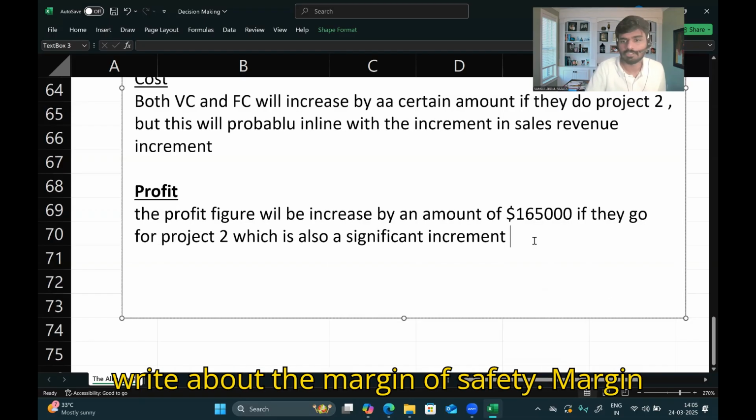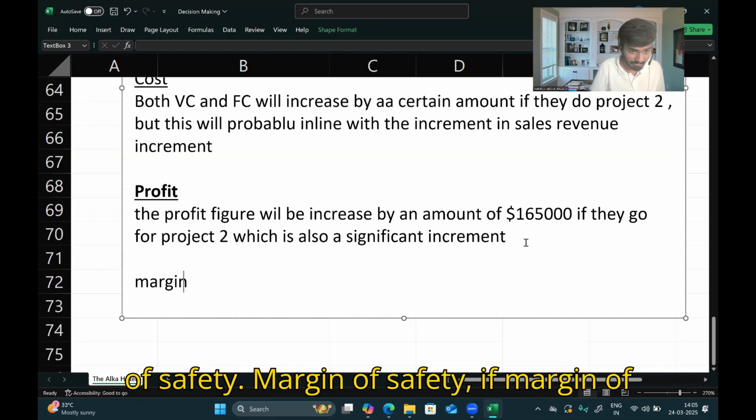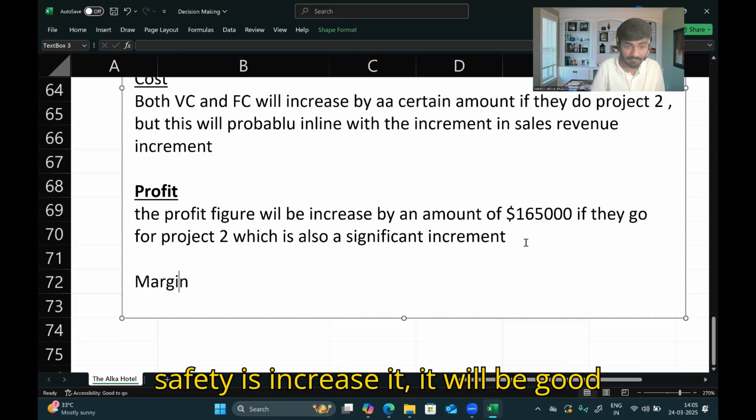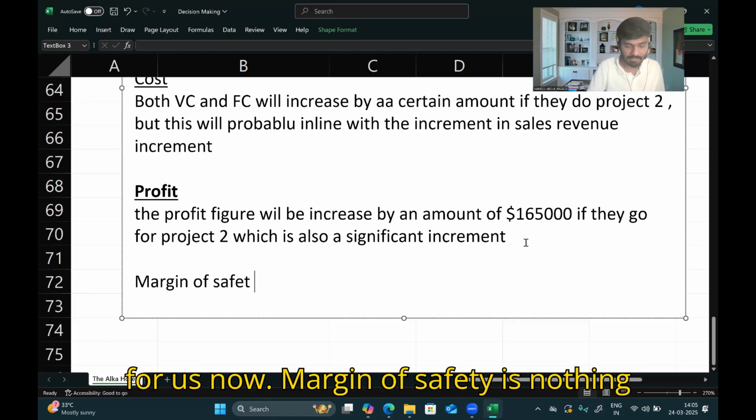So then we should write about the margin of safety. If margin of safety is increased, it will be good for us. Margin of safety is nothing but how much safer we are.